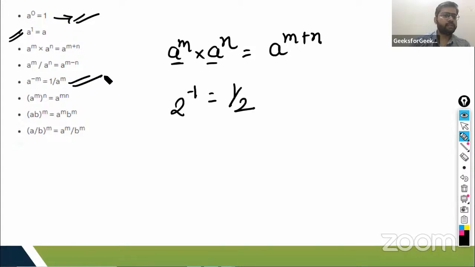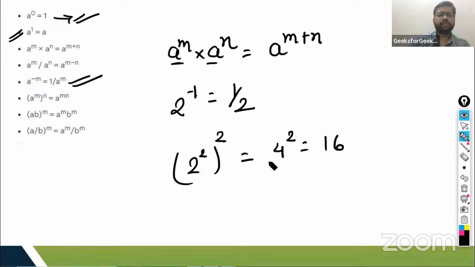Same, this one is 2 to the power 2, whole square. If you solve this part, 2 to the power 2 is equal to 4, 4 square is equal to 16. And if you multiply this part, 2 to the power 4 is equal to again 16. So both values will also be the same.